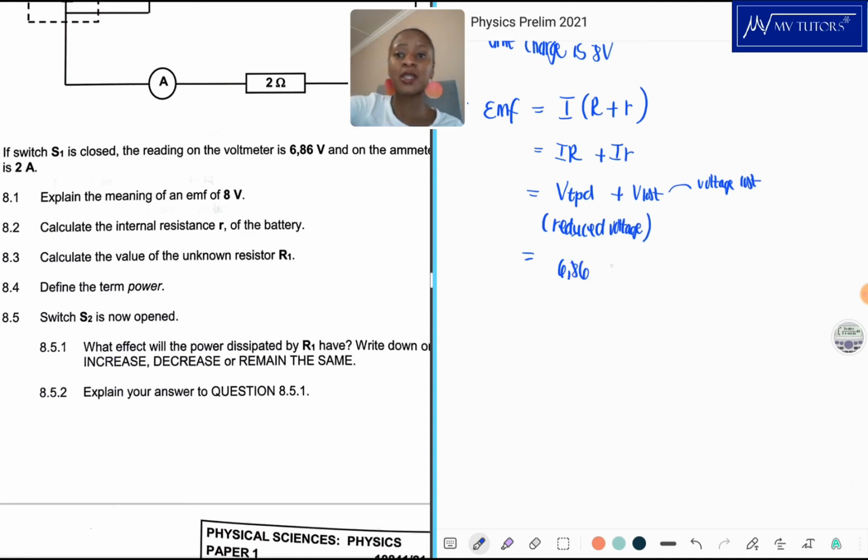And we don't know what the lost volts are because we're trying to get the internal resistance. So the lost volts, I'll just put as Ir. And the EMF they gave us is 8.